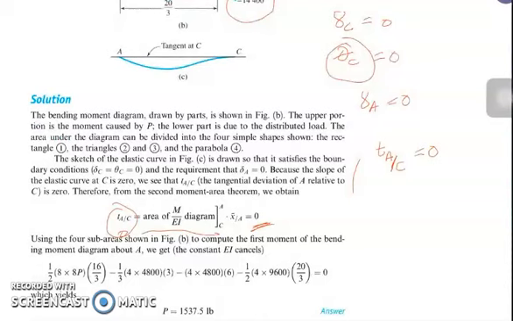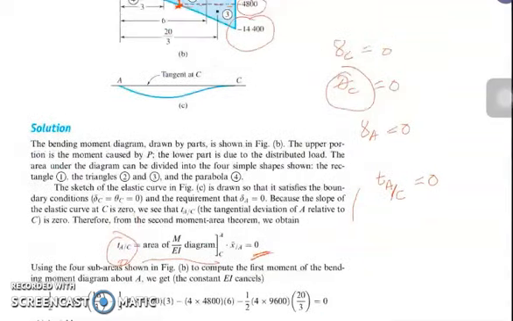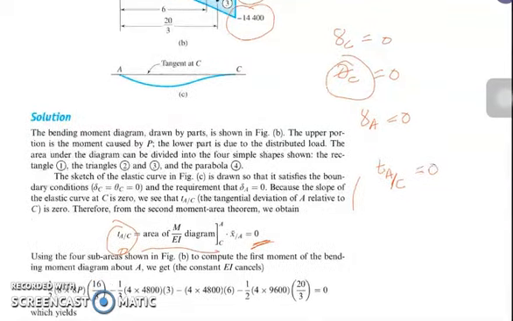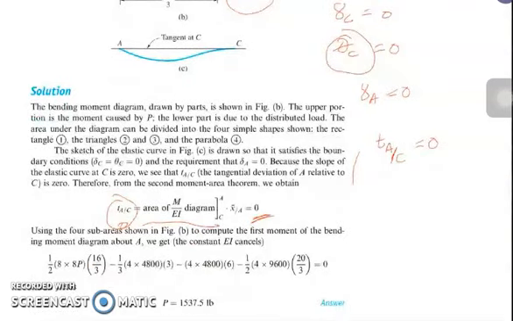You start with the triangle, then minus the rectangle, then you have the parabola and another parabola, and that is equal to 0 since the tangential deviation at point A is equal to 0. So we have only one unknown, which is our P. If we simplify, you get the value, which is 1,537.5 pounds.